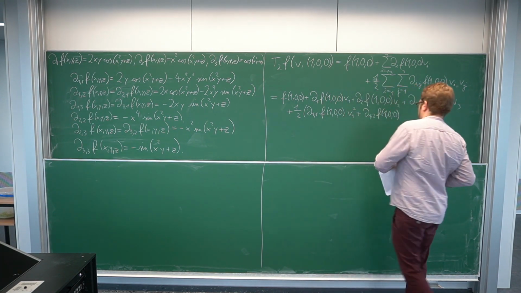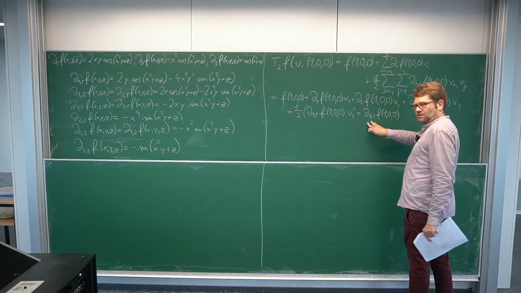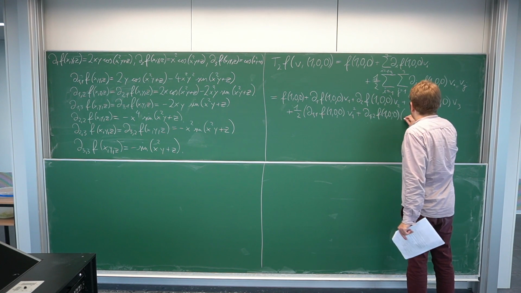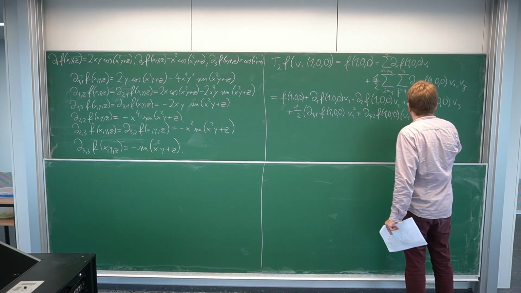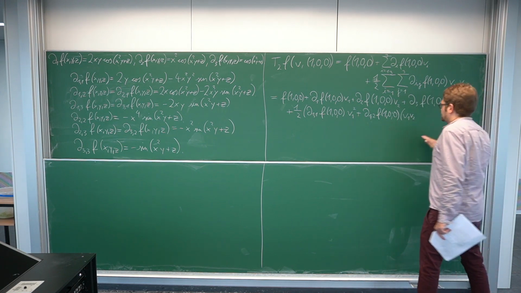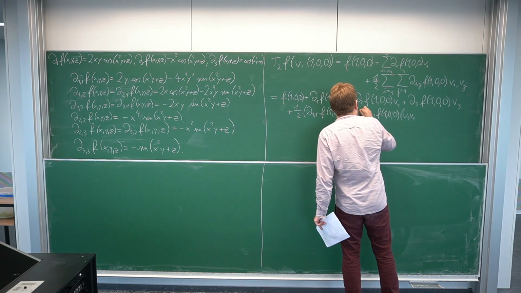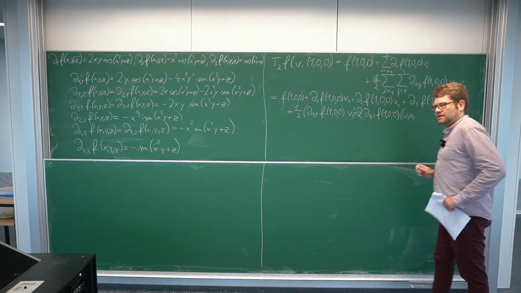And here we can bundle because we have v1, v2, but this is the same as d2,1. So we once get this term with v1, v2, and then with v2, v1, which is just twice this one. So we can just take this twice.